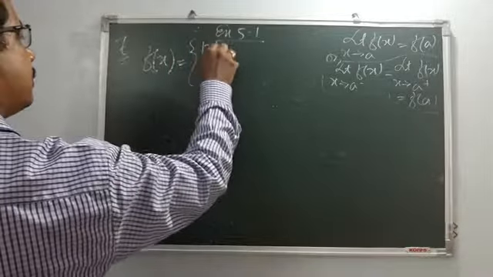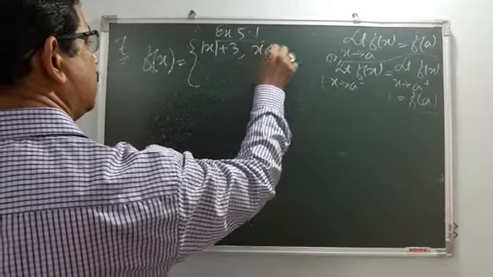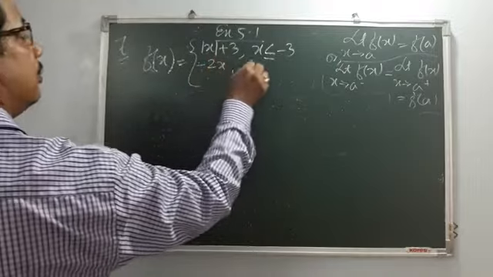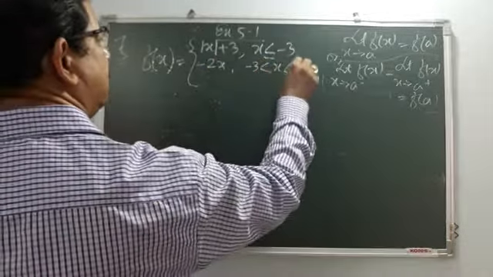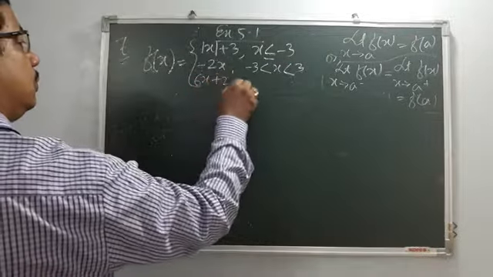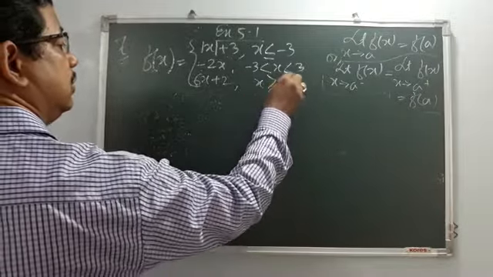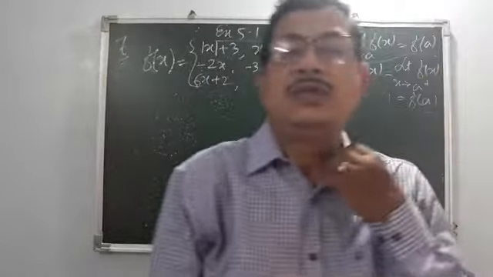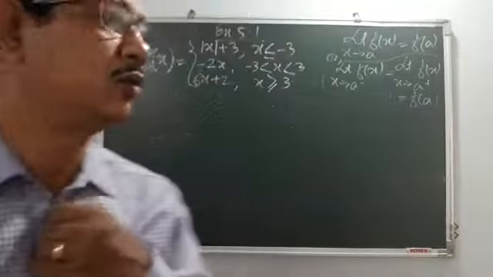One is modulus x plus 3 for x less than or equal to minus 3. Another is minus twice x if x is greater than minus 3 and less than 3. And 6x plus 2 if x is greater than or equal to 3. So this is our question and we have to find the point of discontinuity.